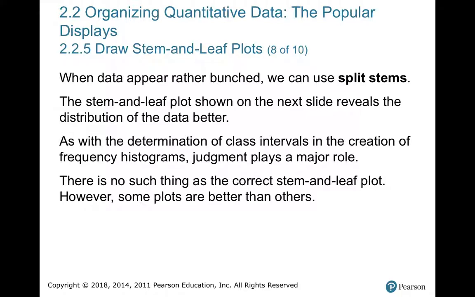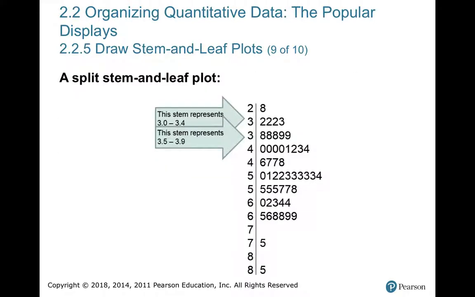If the data are rather bunched, like if you're writing it out and you have tons of digits within one stem, so those leaves are getting to be a really, really long row of numbers, then we might use what's called split stems. In a split stem, what we want to do is have any values that are in our first half of digits, 0 to 4, be on one row, and then the next half of digits, 5 to 9, would be on the next row.